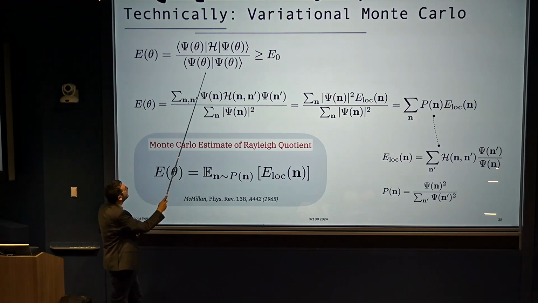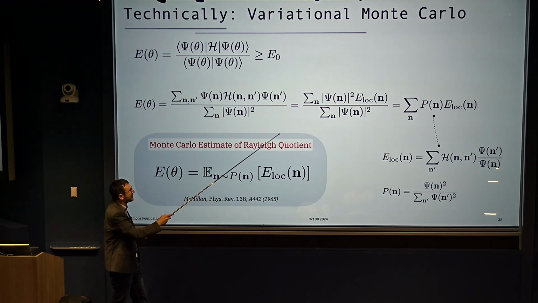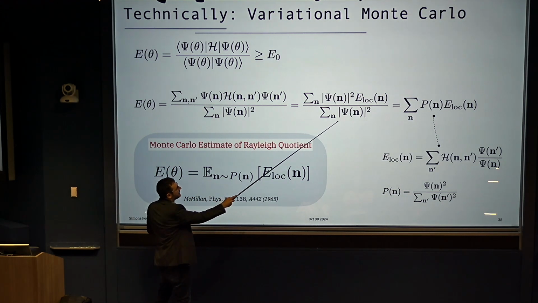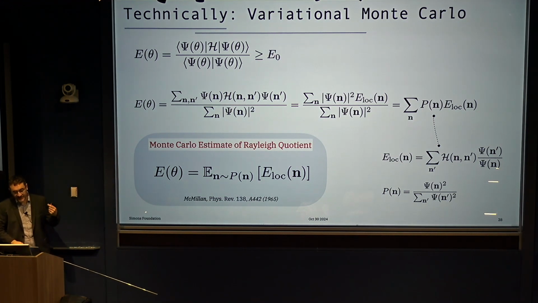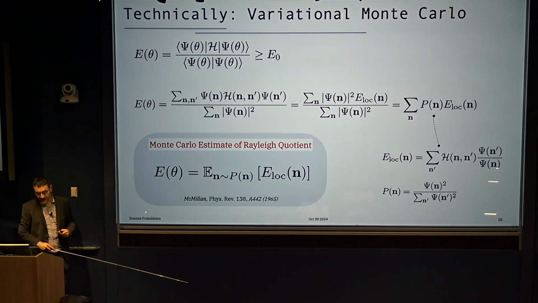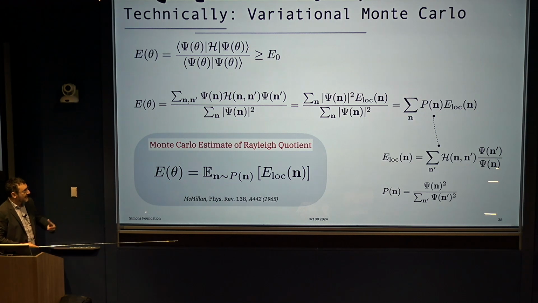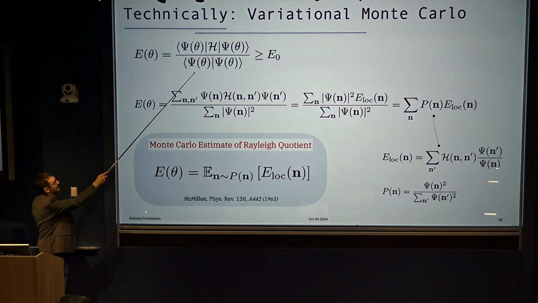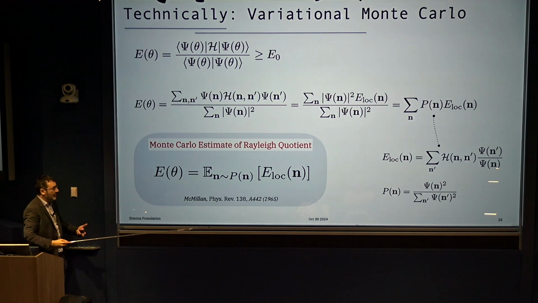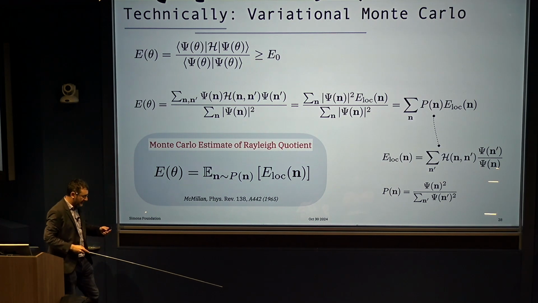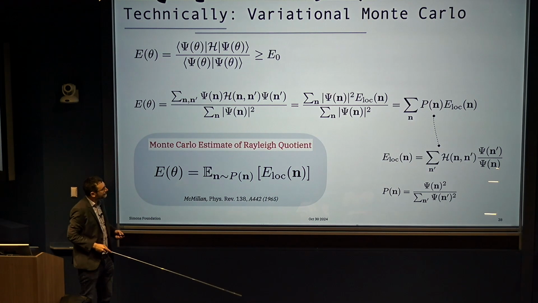We can then estimate this expectation value using, for example, Monte Carlo techniques. This is the main trick that we are using here. So we have a Monte Carlo technique for a statistical evaluation of this, and also of the gradient of the energy that we are going to use to optimize it.